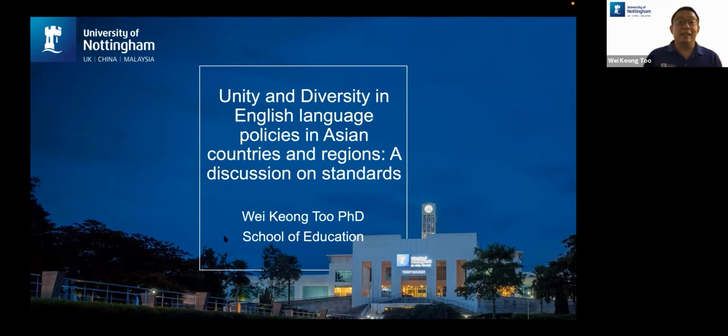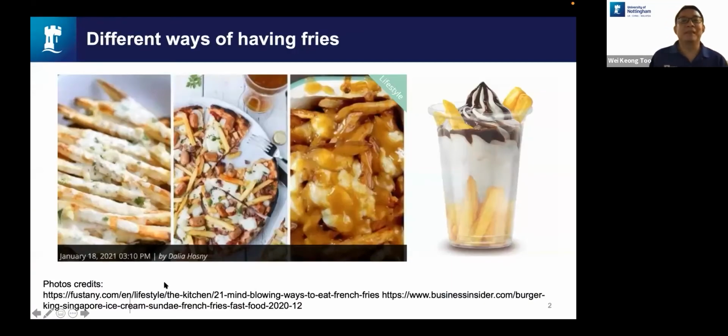As right now is around lunch hour, this is for everyone. What are the ways of having fries, French fries? So you see, that's a lot of ways of having it.